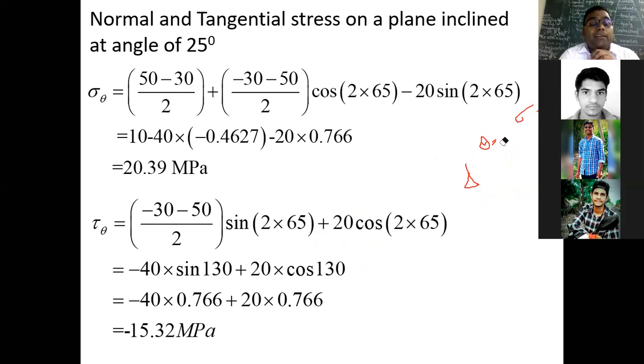Sigma y minus sigma x by 2, sine 2 theta plus tau cos 2 theta. With 65, you know that cos 2 theta. So just put in the values and you will finally get minus 15.32 megapascal. What is this 15.32 megapascal? It is the shear stress which is acting on the inclined plane.